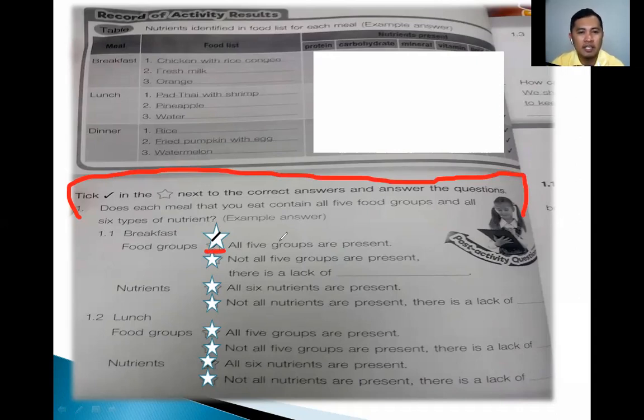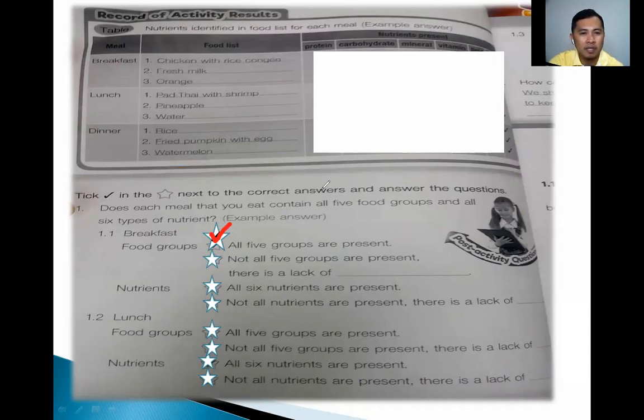Let's say, does each meal that you eat contain all 5 groups and all 6 types of nutrients? For example, on breakfast, the food groups: all 5 groups are present. So all you have to do is tick the star next to the correct answers and answer the questions.